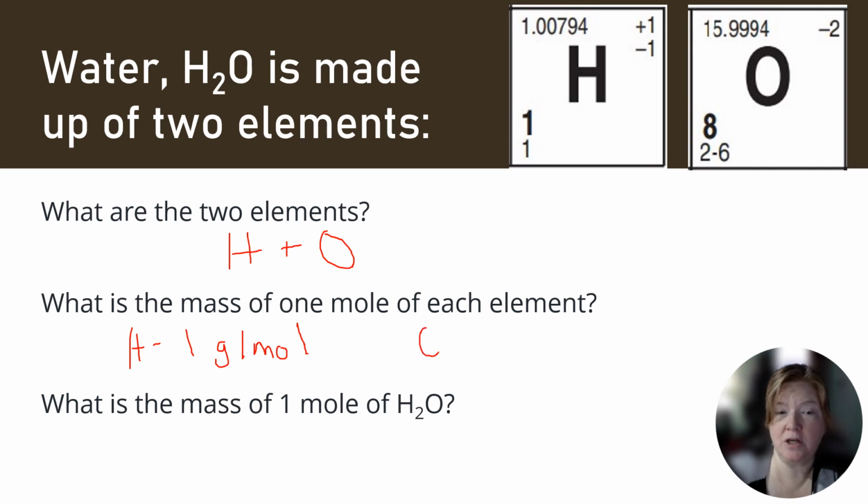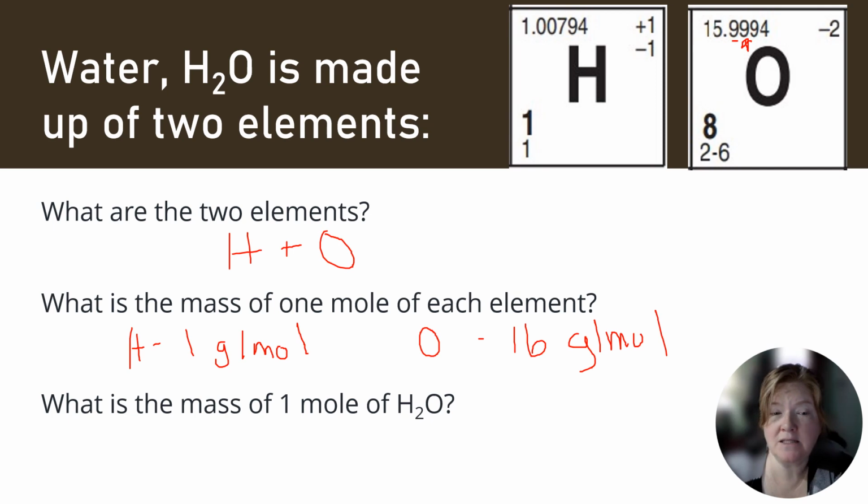And for oxygen, now remember, what did I say? Round to one digit after the decimal. So I want this digit, but I go to the next one. That 9 says I have to round up. So I round up and it becomes 16.0 or just 16 grams per mole.